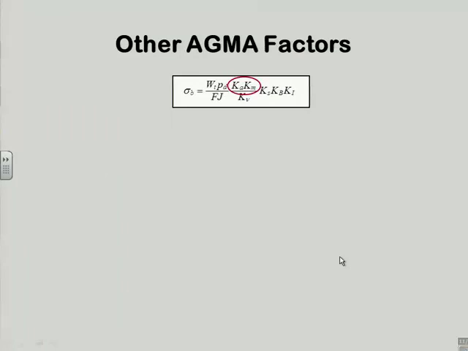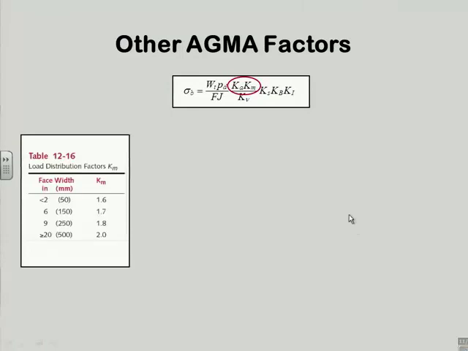Other factors, Ka and Km, we'll take those up here. Km is the load distribution factor. And here you choose your face width in inches or in millimeters, and you pick a Km off this table.